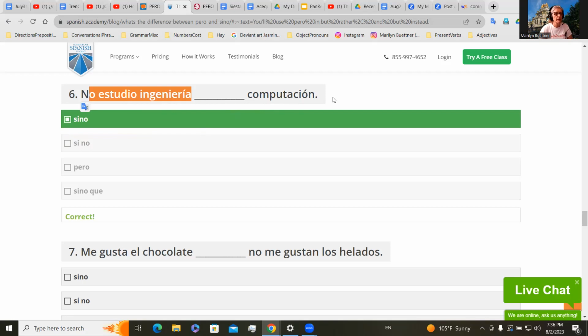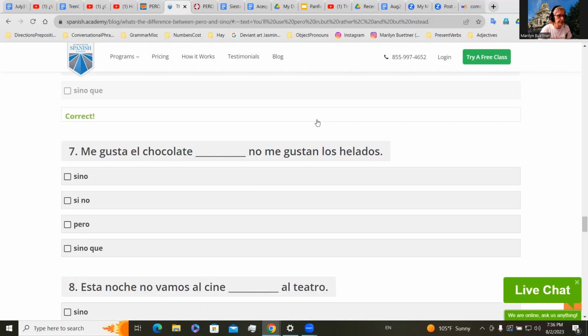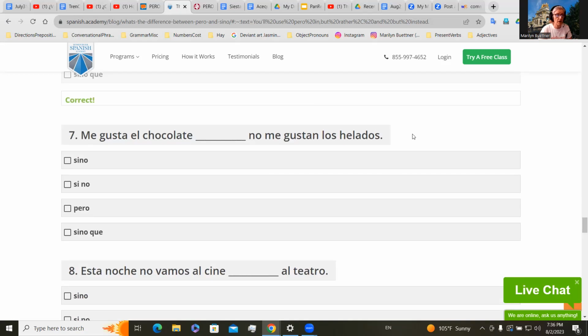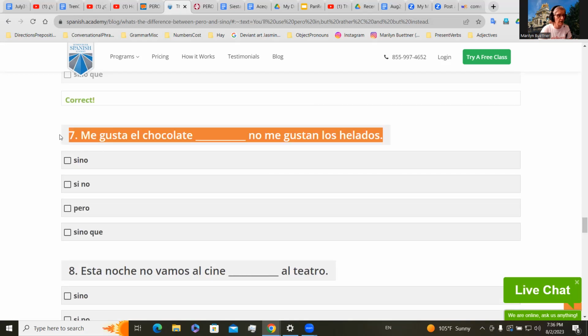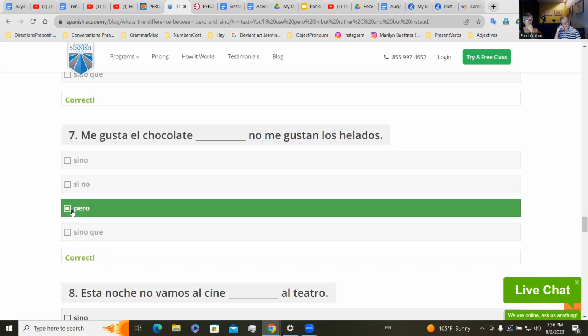Okay. That is something somebody may say. Okay. This is also something people may say. I like chocolate, but I don't like ice cream. Pero. Both true, opposing ideas. That's fine. Pero.